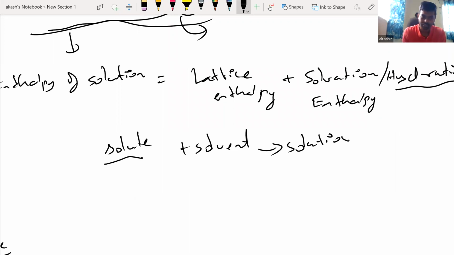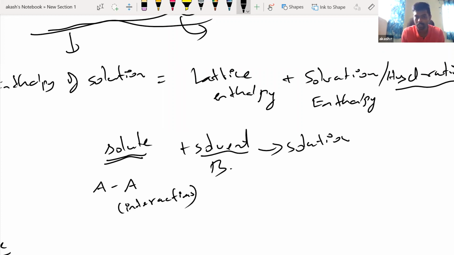Now, say I'm representing the solute as A. Here we will have AA interactions, that is, solute interactions. And let me call the solvent B. In the solvent, we'll have only solvent interactions, BB interactions.